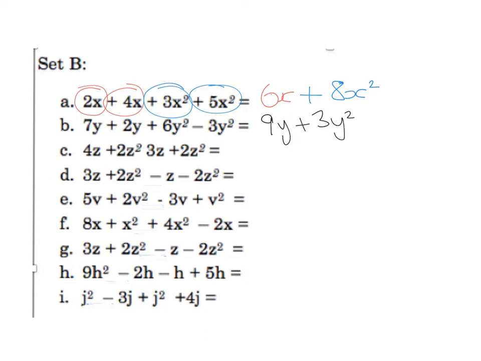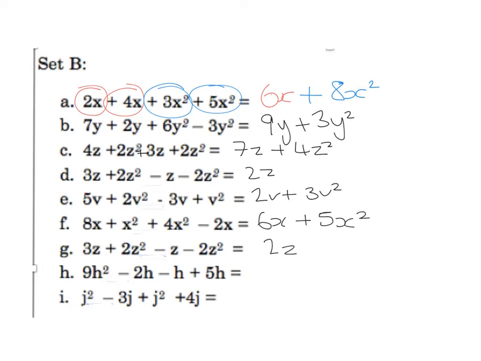Okay, next one we'll end up getting 9y plus 3y squared. Then we have 7z. There's a sign missing on that one, but that should be a plus. So 7z plus 4z squared. Then we've got 2z, and you can see here 2z squared minus 2z squared is just going to be 0. So our answer is just 2z. And we've then got 2v plus 3v squared. 6x plus 5x squared. 2z again.